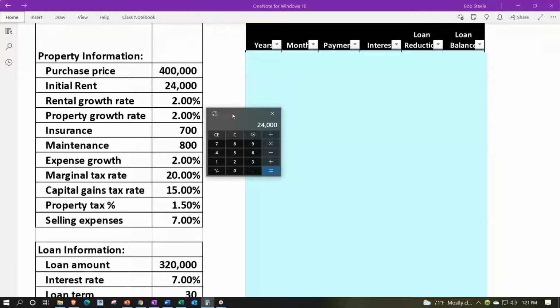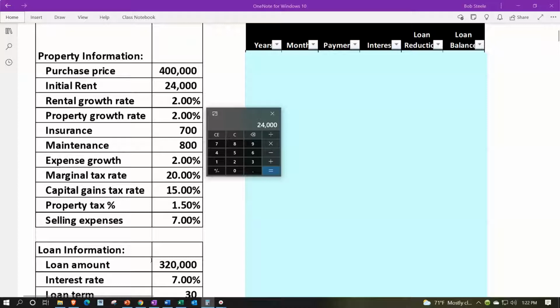This is one of the major things that you might consider will differ. Possibly you're thinking that the property growth rate will be greater than the rental growth rate. Note that this growth rate is a huge component because we're putting a large investment in an asset, the home. Not only that, but we're putting way more in than we actually have, leveraging, taking a loan out, in this case for $320,000.